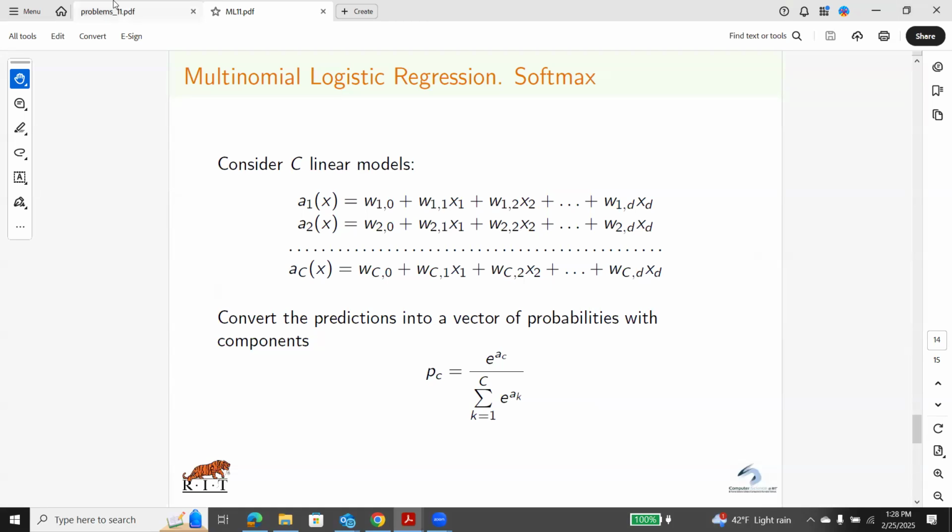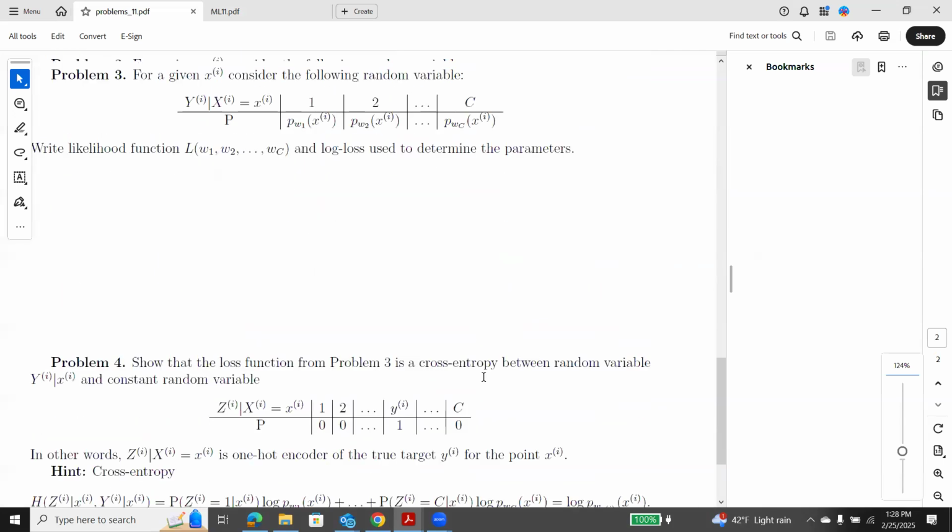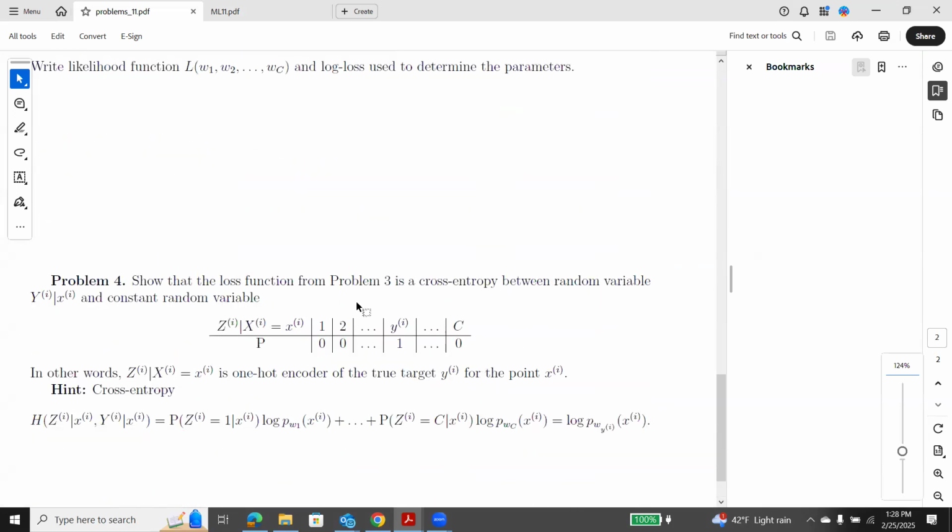Let's start with the definition of information.